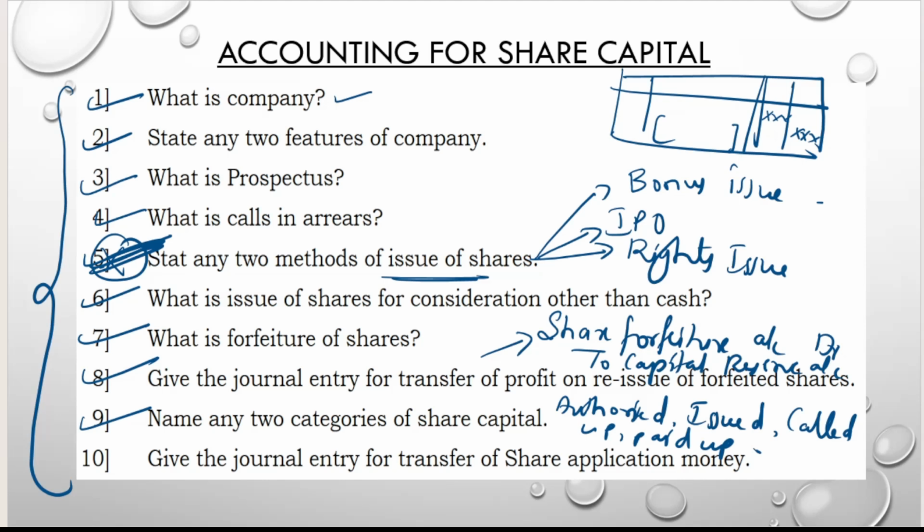So first comes authorized, after authorized issued, after issued subscribed, after subscribed called up, after called up paid up. Okay, this one you have to follow.